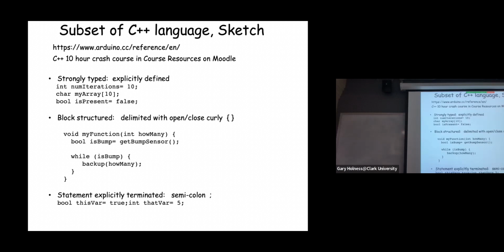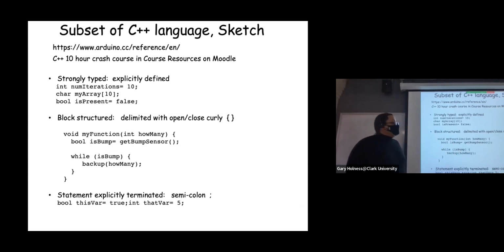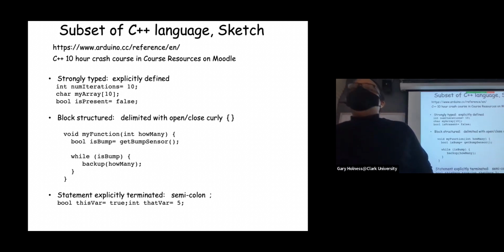The fact that I have things on separate lines is really just for human consumption because it looks nicer. But there's nothing that says you can't have one statement, semicolon, followed by another statement on the same line, right? That's perfectly legal C++. But if you want it to be more easily readable, put some space in there, and put some things on separate lines so it's easier for human consumption.